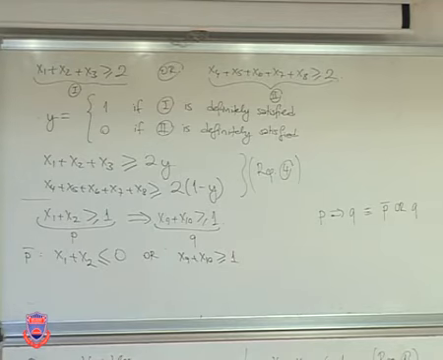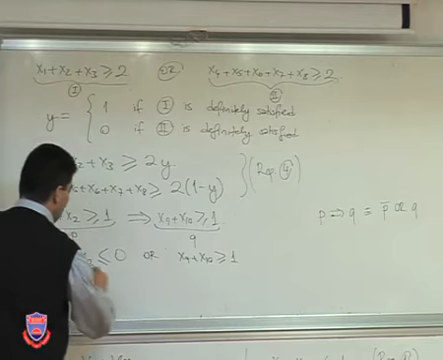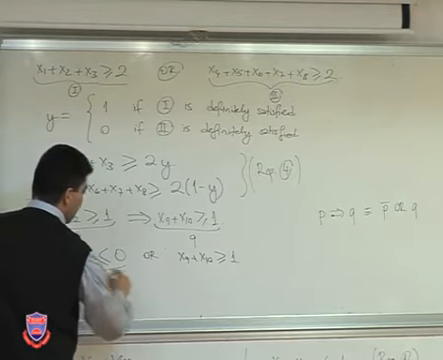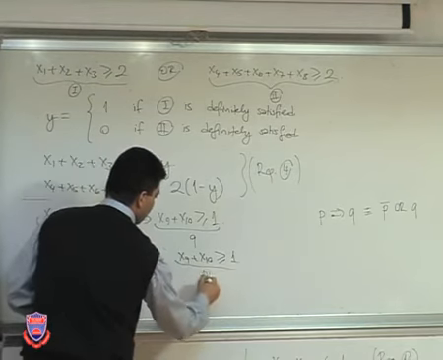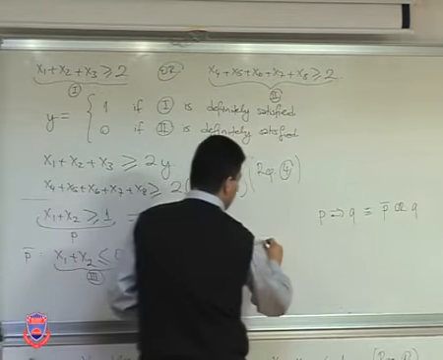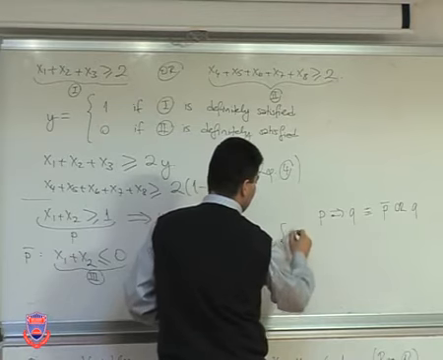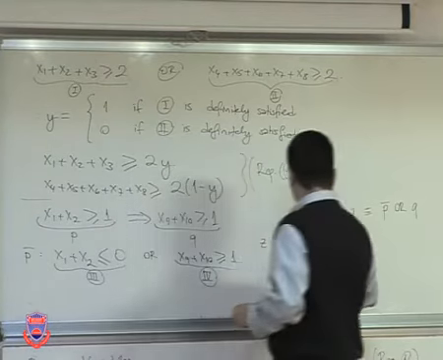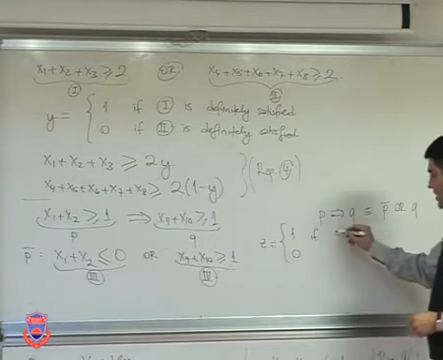Okay, so I'm going to define a new variable. So I'm going to call this number 3, and this one is number 4. So I'm going to define a variable z, a binary variable z. It's going to be equal to 1 if 3 is definitely satisfied.